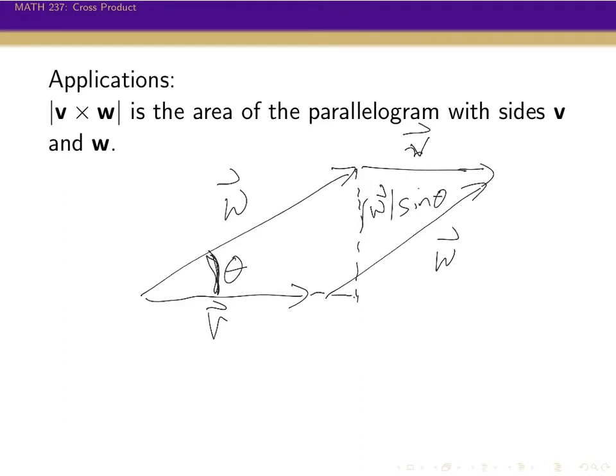So what this is telling me is that one way to get the area, which we figured out before, is to do the magnitude of the cross product. That's V cross W. Another way to get this is to do base times height.